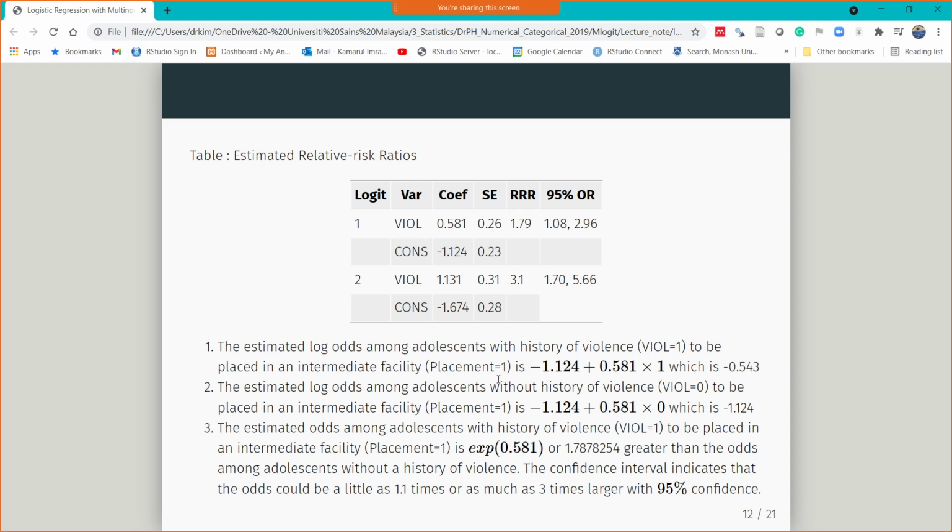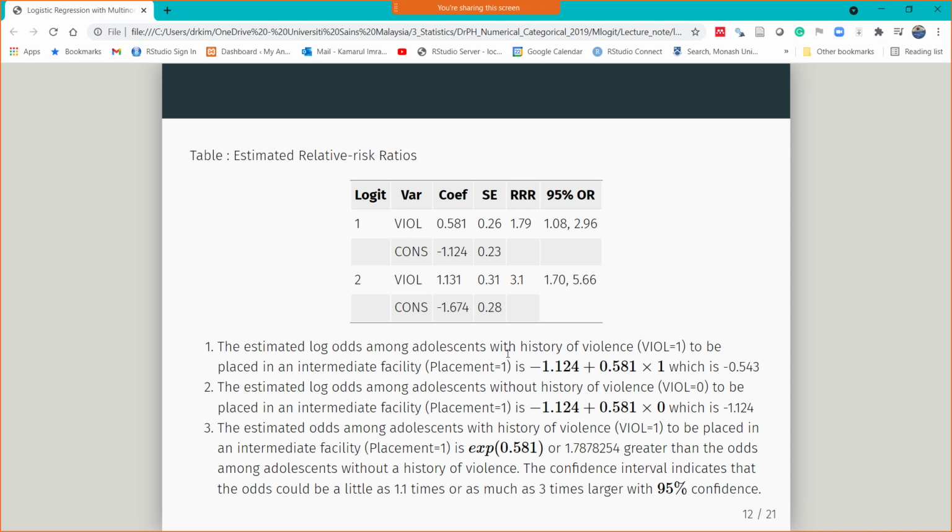I'm not sure, I've got to check back the book, what would be the placement for 0 and placement for 2? But one of them is placement at home, meaning that they don't have to be at an intermediate facility. It is not a prison, it is like a temporary detention place.